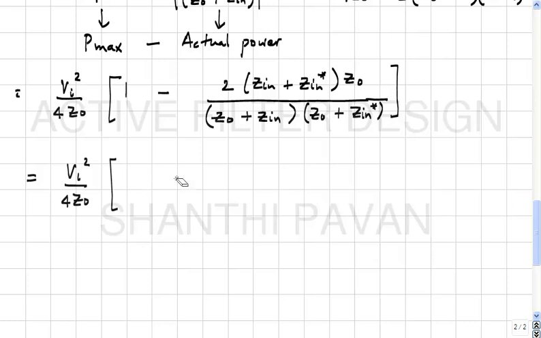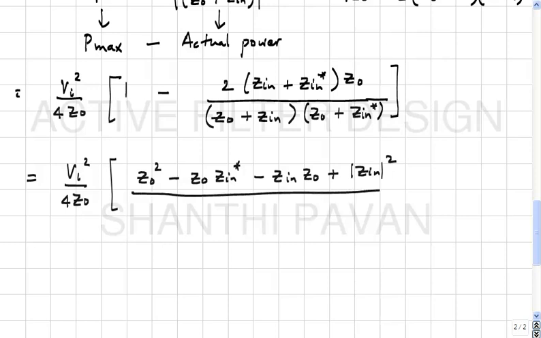Which is Vi square by 4Z0 into 1 minus that. Let me just cross multiply and do the math. Z0 square plus Z0 Zin star plus Zin Z0 plus mod Zin square, plus Zin Z0 minus 2 Zin Z0 becomes minus Zin Z0, and similarly plus Z0 Zin star minus 2 Z0 Zin star becomes minus Z0 Zin star.